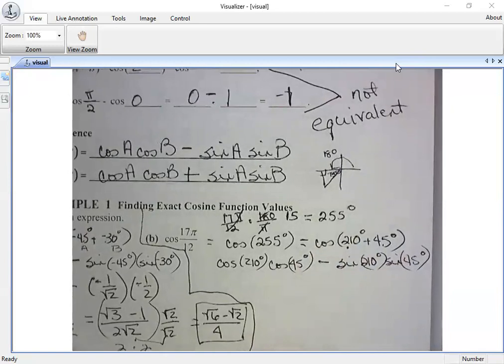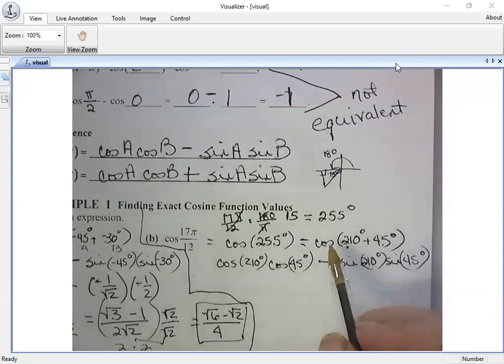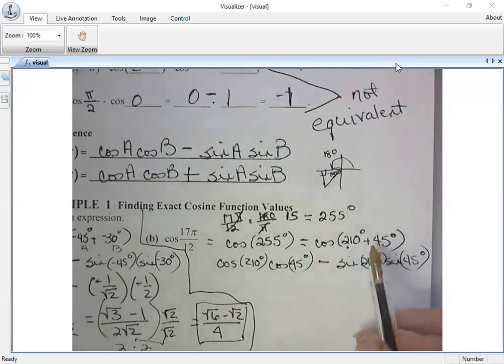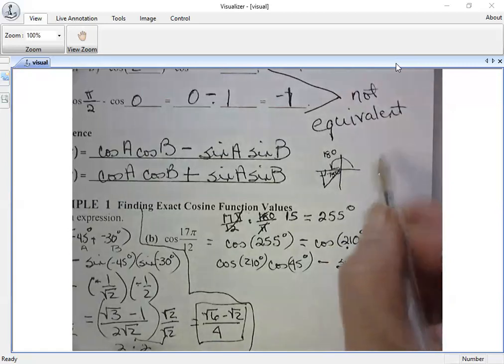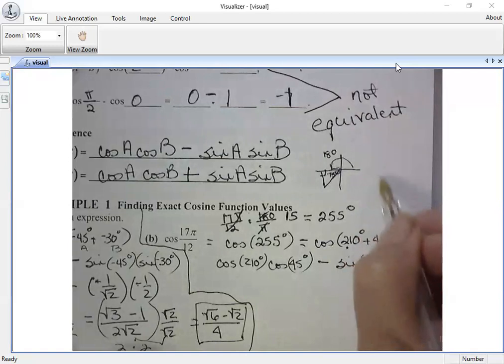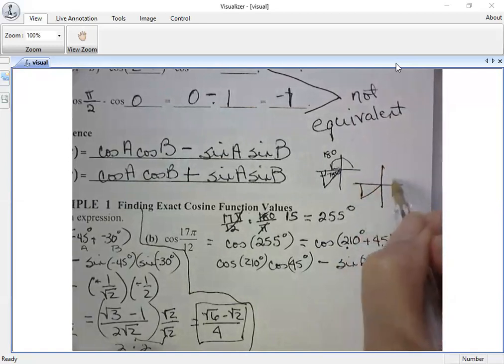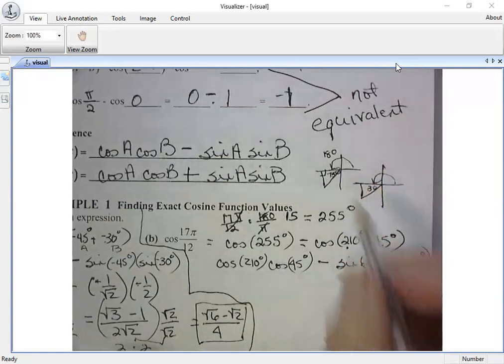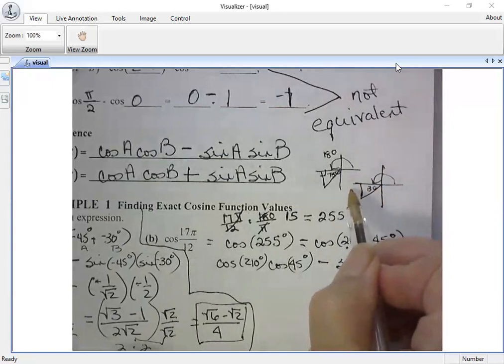Now, since I'm in the third quadrant, you can decide, do I need to actually draw it in the third quadrant for the 210 to make sure I get the signs? The 45 is going to be a first quadrant, right? So if I were to do 210, okay, that means I've got 30 degrees here. So what would be the length of this side?